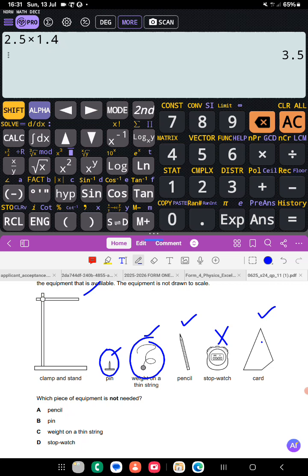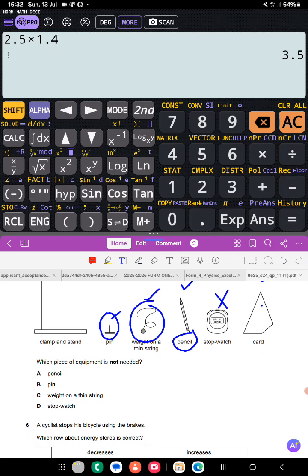And you shall need a pencil to draw lines to show the point of intersection between the lines drawn on the card. But you will not need a stopwatch, because this is not an oscillation in which you may need a stopwatch. So the answer therefore is D.